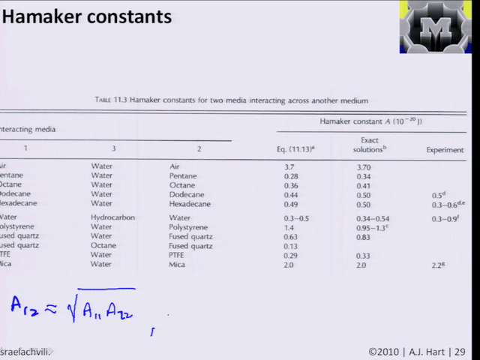And another one of the relations is that a material interacting with itself, so material 1 and material 1 interacting across number 3, which is a medium, is approximately equal to the expression, the square root of A11 minus the square root of A33, squared.